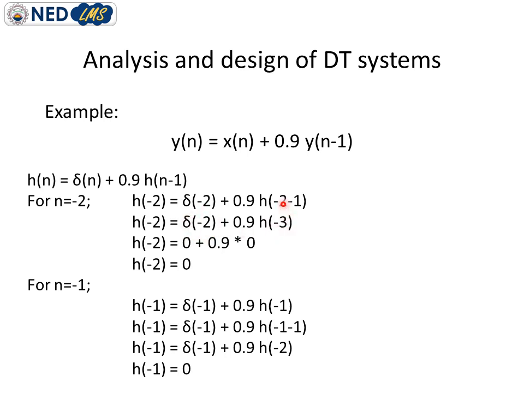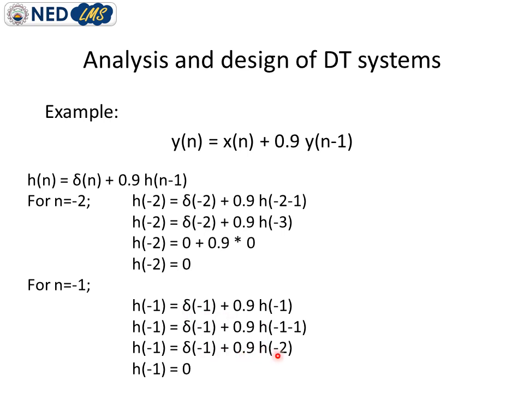Similarly, for n is equal to -1, we have two functions, delta of -1 which is 0 and impulse response at n is equal to -2, which is the result we obtained in the previous step. So here we simply put 0, 0 multiplied by 0.9 plus 0 is again 0. So the impulse response at n is equal to -1 is again 0.